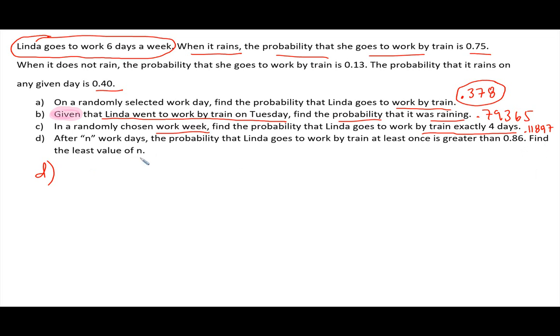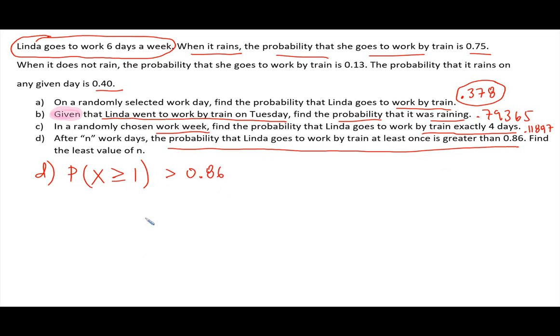Find the least value of n. Okay, so this is really important information, because basically what they're saying is the probability of X greater than or equal to 1, where X represents Linda going to work by train, is greater than 0.86.